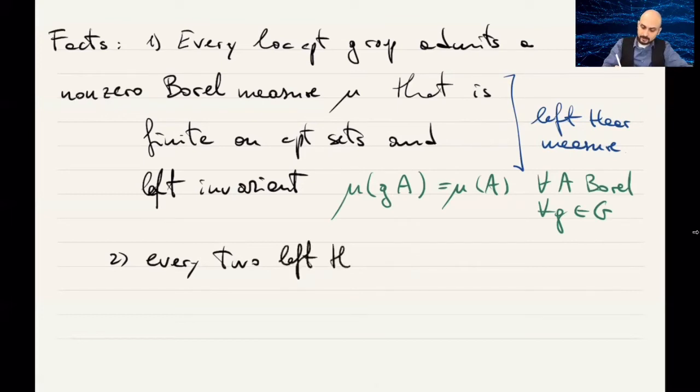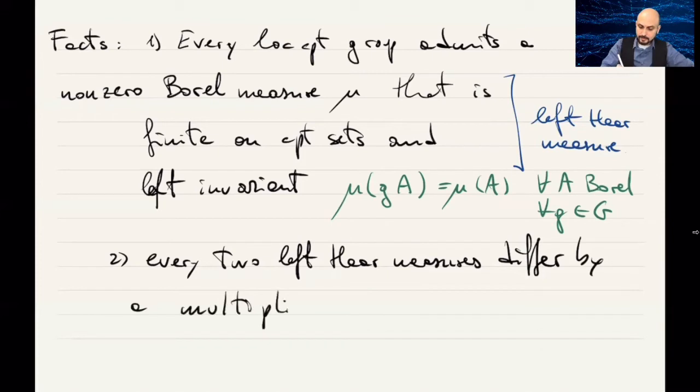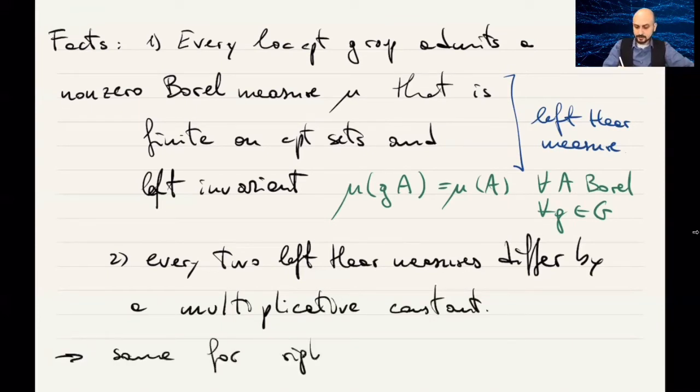Every two left Haar measures differ by a multiplicative constant factor. And of course, we have the same results for right Haar measures. They exist and they are unique up to multiplication by a constant.